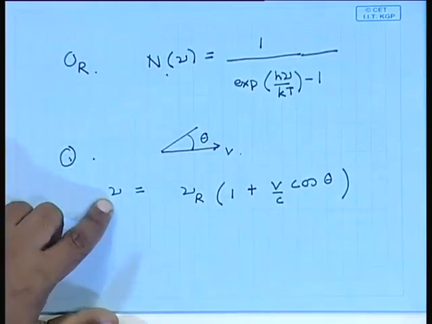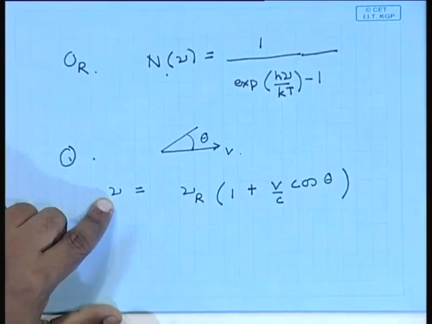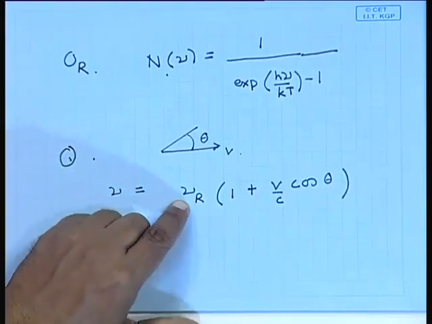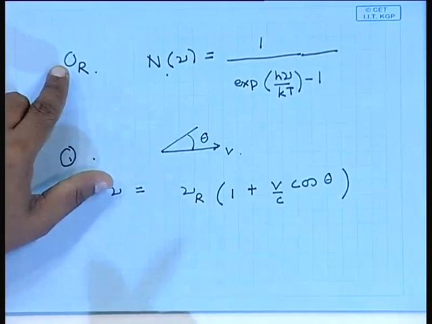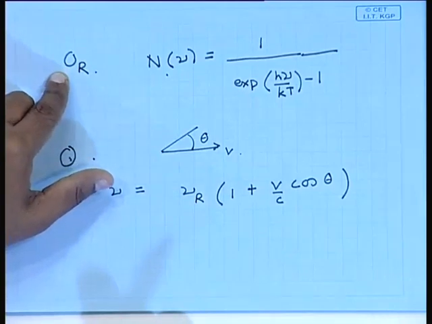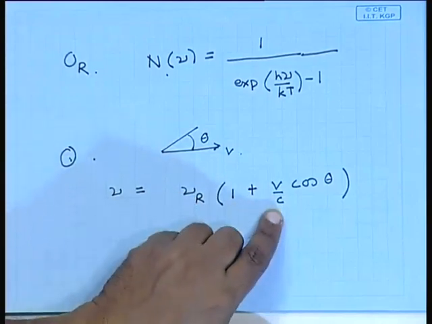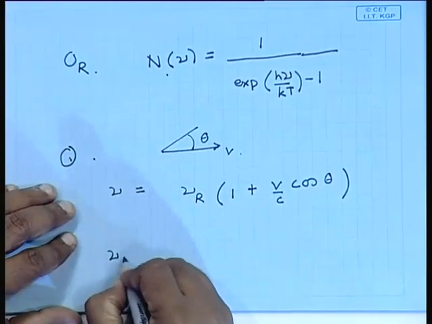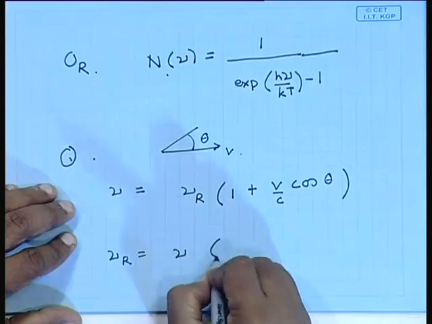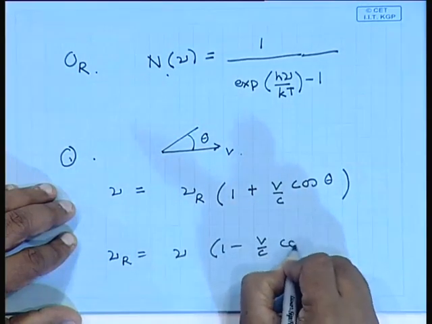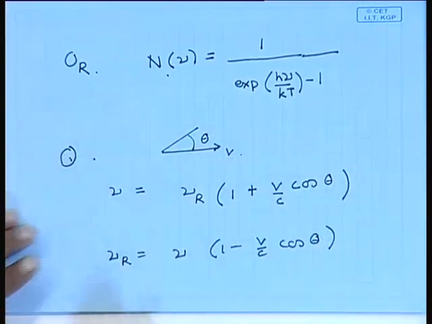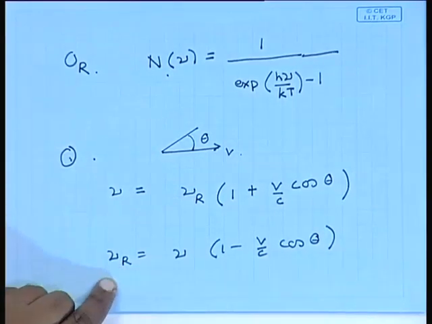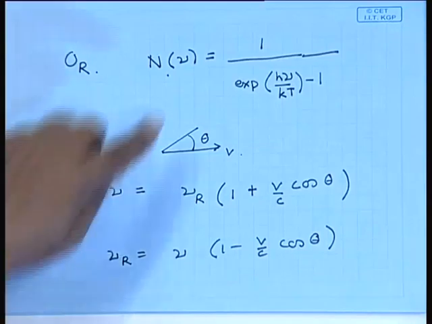So, if I know nu, the observed frequency, I can predict what the corresponding frequency in the rest frame is. I can just invert this relation, v by c is very small. So, nu_r is equal to nu times 1 minus v by c cos theta, right.